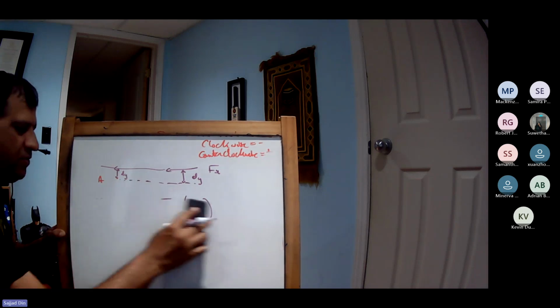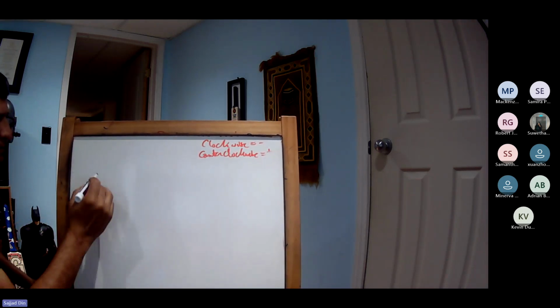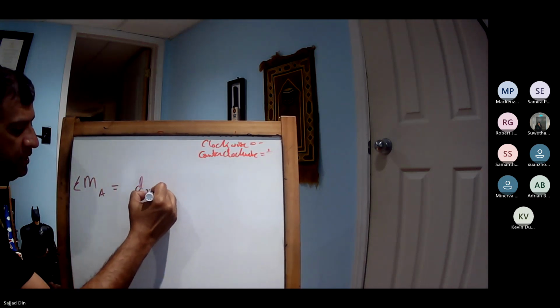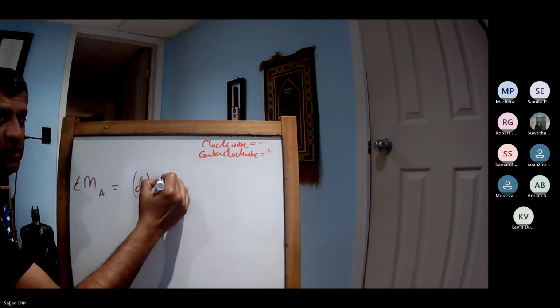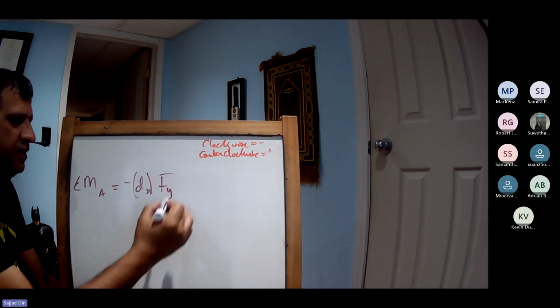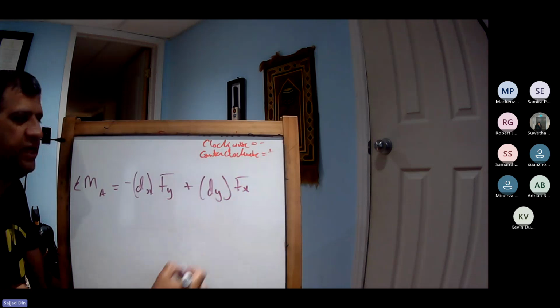And what we get from that theorem that we were looking at is that the sum of the moments around A is going to be equal to dx times Fy, and that's a negative that we just calculated, plus dy times Fx.